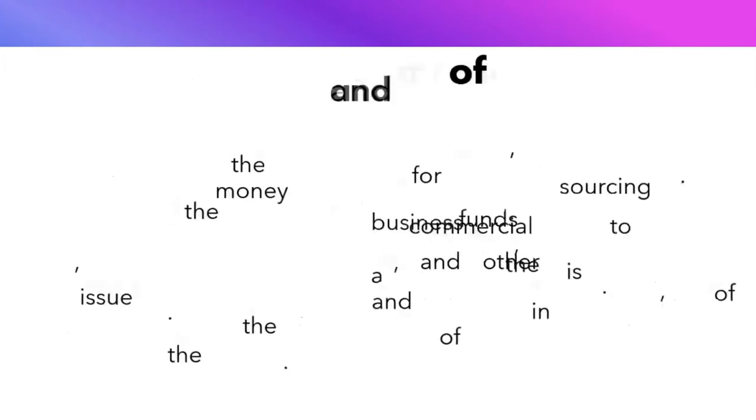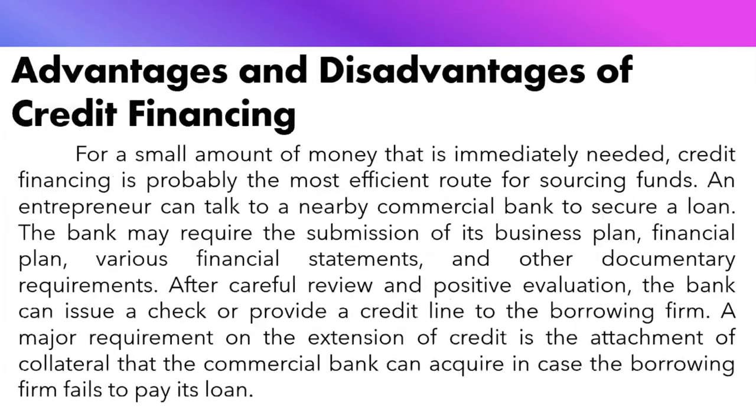So we have here the advantages and then disadvantages of credit financing. For a small amount of money that is immediately needed, credit financing is probably the most efficient route for sourcing funds. An entrepreneur can talk to a nearby commercial bank to secure a loan. The bank may require the submission of its business plan, financial plan, various financial statements, and other documentary requirements.